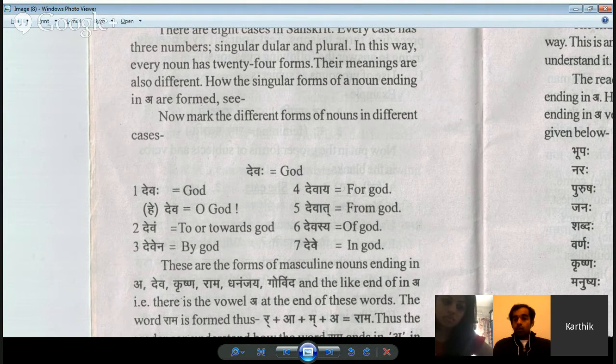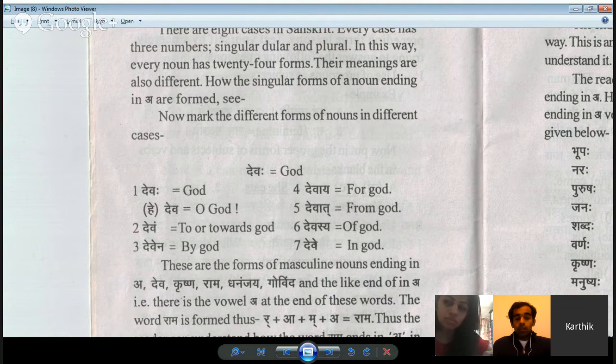Okay, then the Chaturthi Vibhakti, fourth case. Again, here there will be several shades, but the main thing of Chaturthi Vibhakti is that it is for one who gets benefited by an action, for the sake of whom an action is being done. He would go in the Chaturthi Vibhakti. For instance, if I say Ramaha Lakshmanaya Pustakam Dadati.